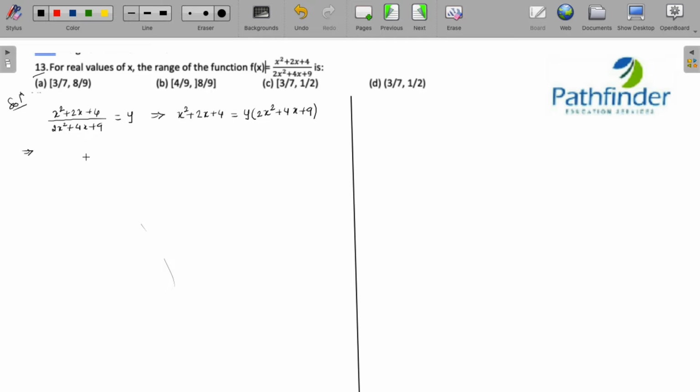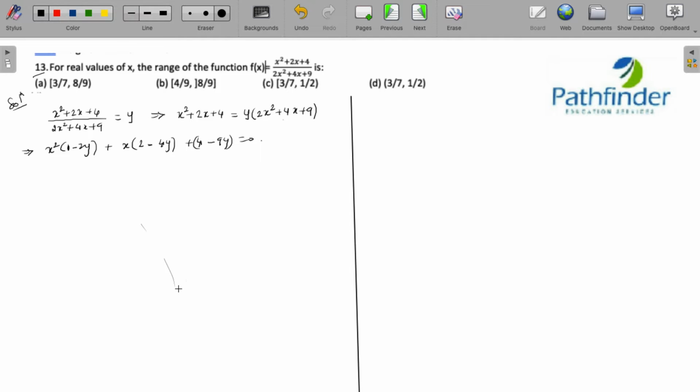We can simplify that, and x square is common, (1 minus 2y). Then you have x common, (2 minus 4y), plus (4 minus 9y). This is equal to 0.